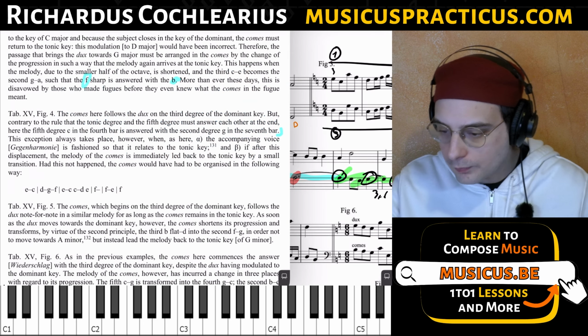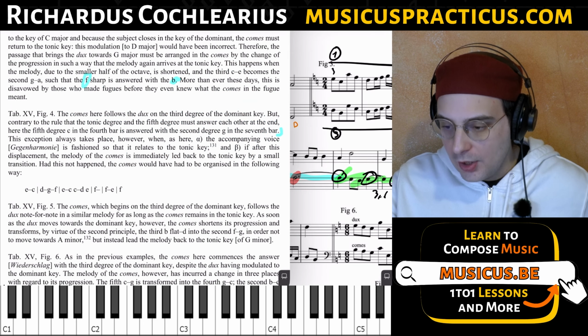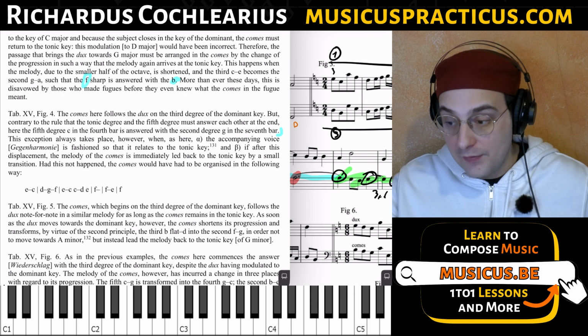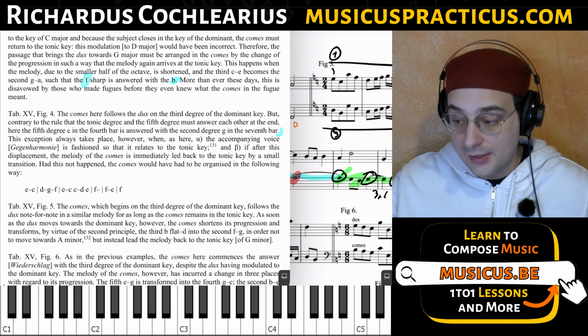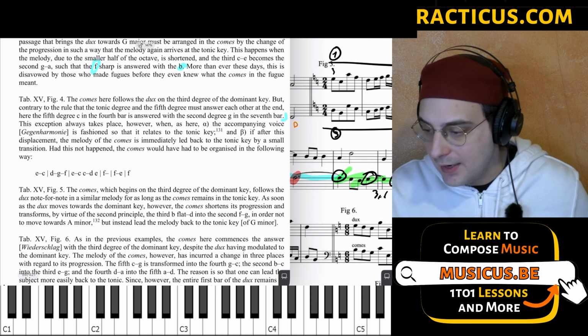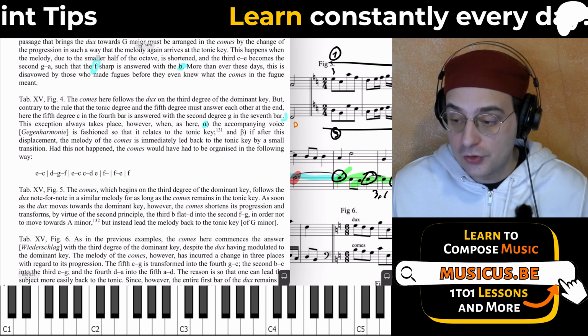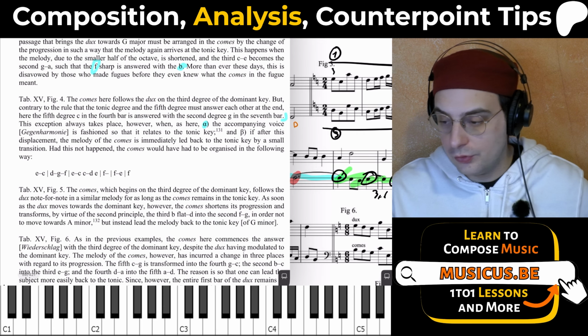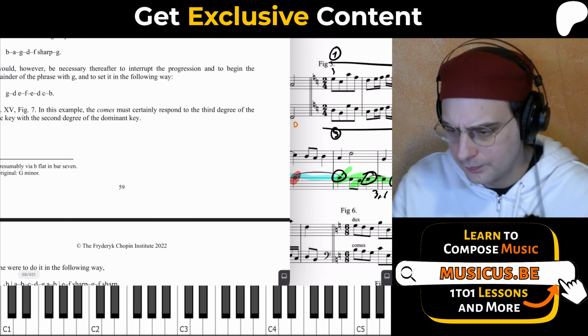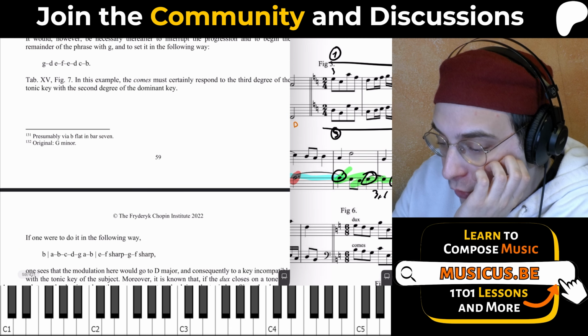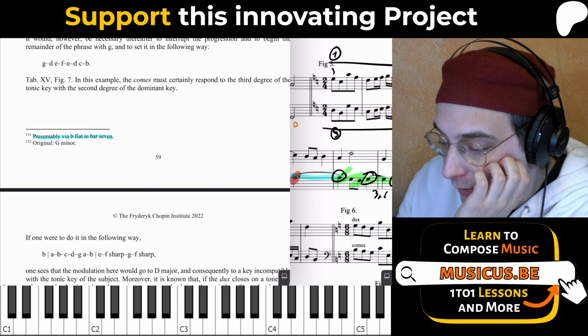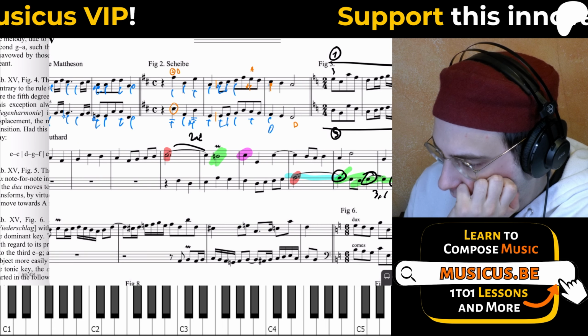Counterpoint. This exception always takes place, however, when, as here, alpha, the accompanying voice is fashioned so that it relates to the tonic key, presumably via B flat in bar 7.